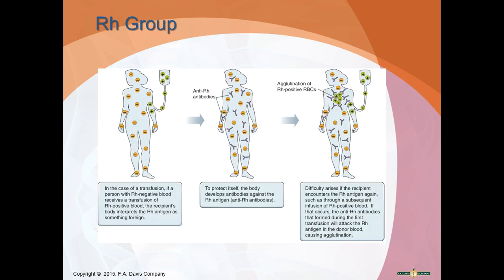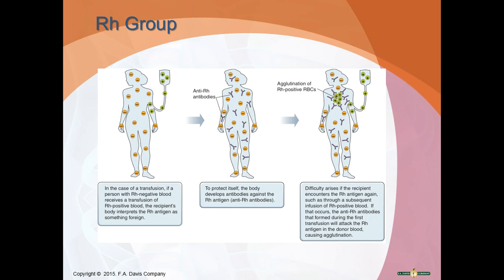So we're going to look at the Rh group, because there is another classification. You have Rh positive or Rh negative. The Rh is from the rhesus monkey, and that's the first time it was really identified.